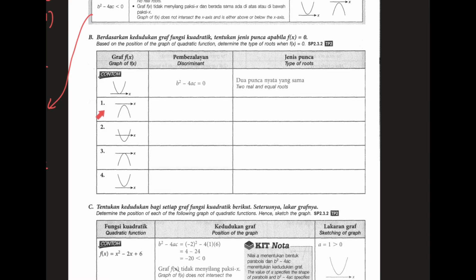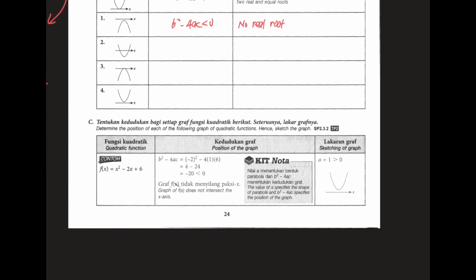One more example: if we have a graph like this that never crosses the x-axis, you should expect b squared minus 4ac less than 0, and no real roots. So you can easily look at the table on top and answer this. Now let's move on.